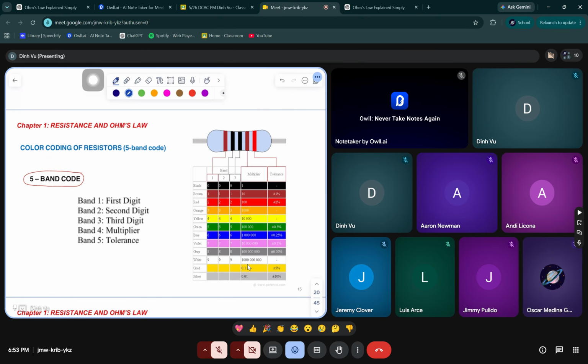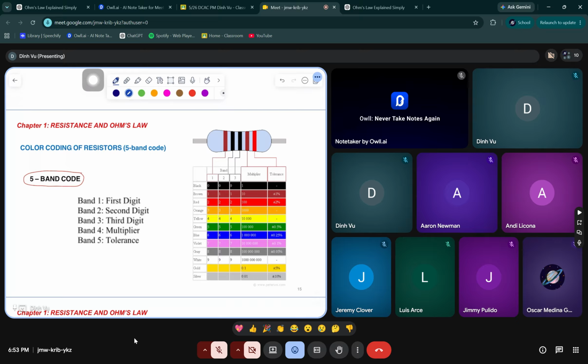Now the second type of code is the 5-band code. So we have 5 bands: band 1, 2, 3, 4, 5.